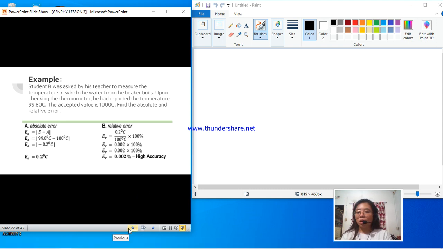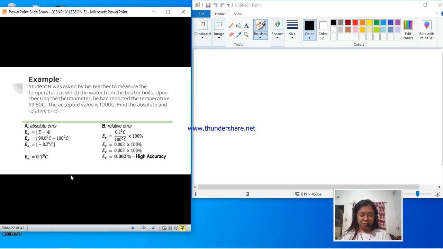Kapag less than 1% ng 100, masasabi nating accurate. Masasabi natin siyang accurate once na less than 1% ng accepted value yung nakuha nyo.